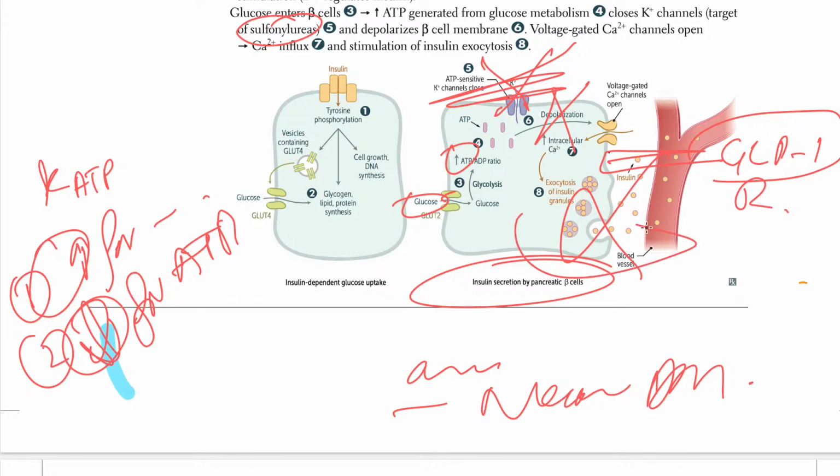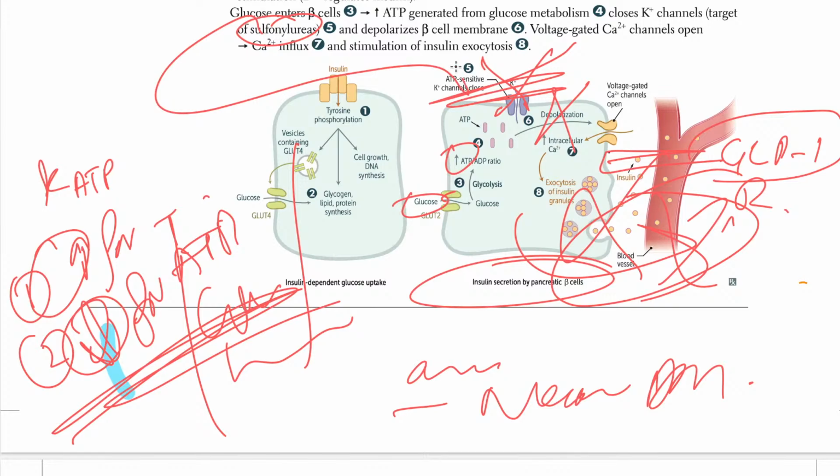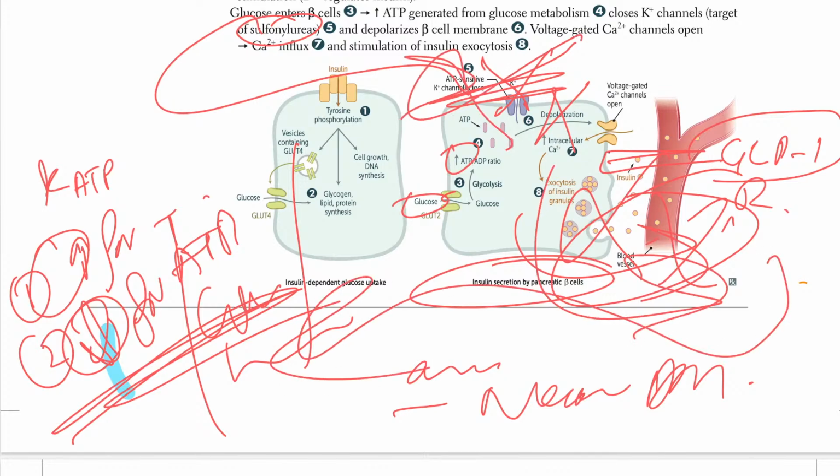They don't release insulin. When the insulin is not out, you have a lot of glucose within the blood, right? High blood glucose levels. So for the treatment of this second problem, you can give sulfonylureas, close these channels, and that insulin can take care of that glucose.